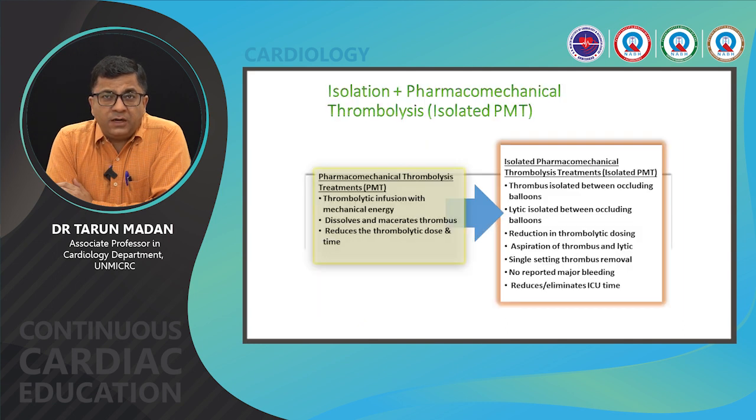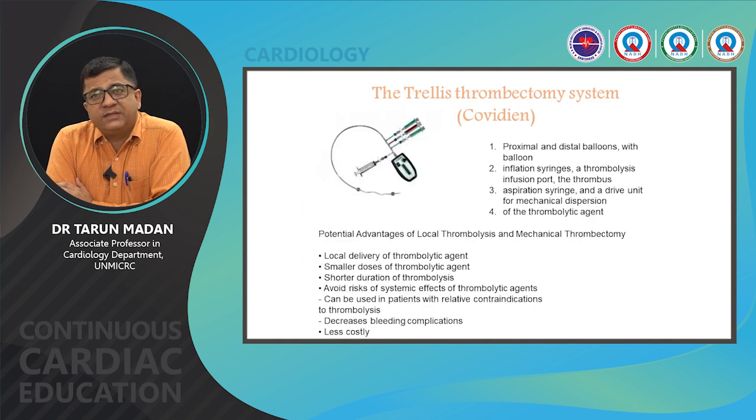So how is the mechanical pharmaco-isolated thrombolysis done? You isolate the thrombus between 2 balloons, give lytic in between the 2 balloons so the embolization doesn't happen, and you have to give less thrombolytic dose, and then you aspirate. So this is a Trellis thrombectomy device from Covidien. It has 4 ports and then proximal and distal balloon ports.